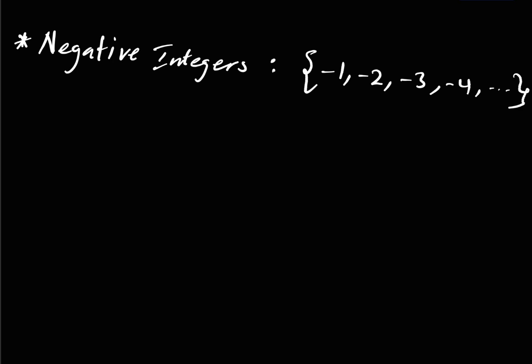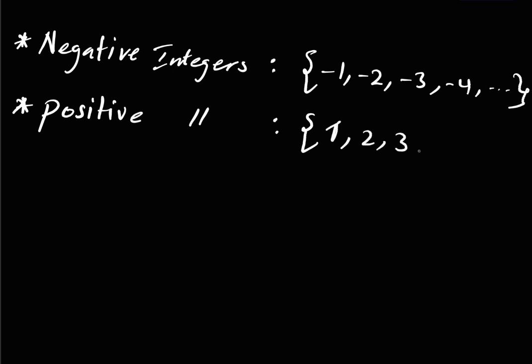Negative integers are integers such as -1, -2, -3, etc. And we also have positive integers, and these are numbers such as 1, 2, 3, 4, etc. The list continues.